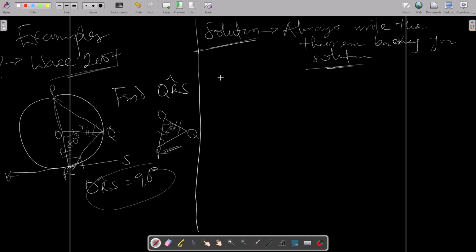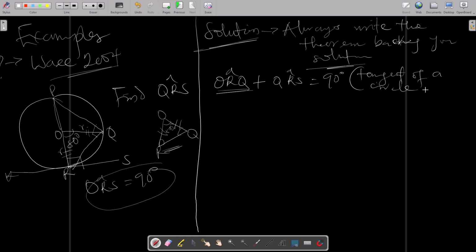First of all, we need to find ORQ, because ORQ plus QRS is equal to 90. That is, tangent of a circle from the center is 90. Okay, so now we already have this, so we need to find this.